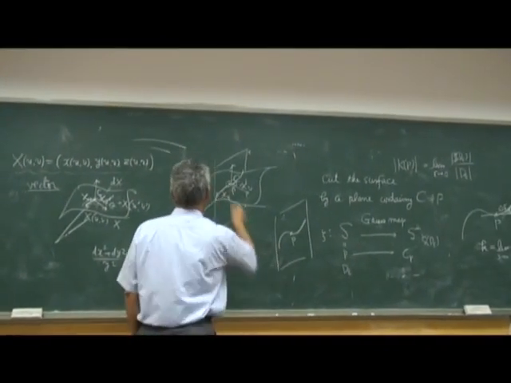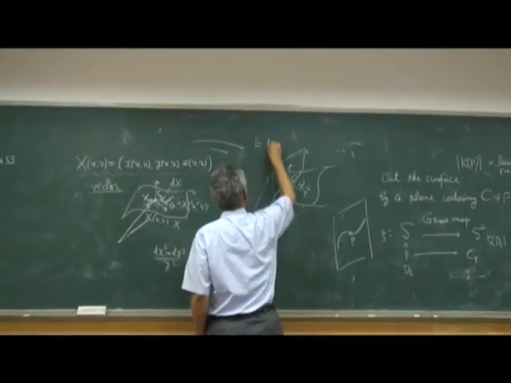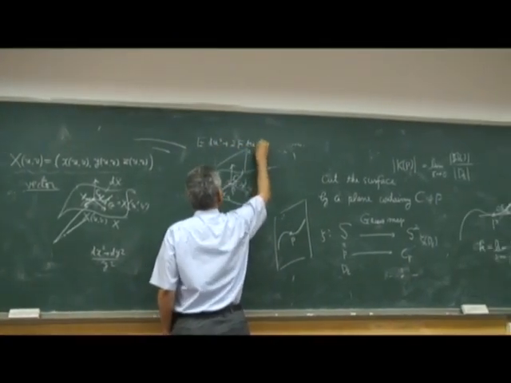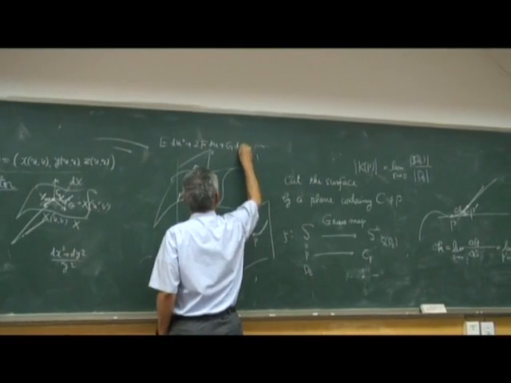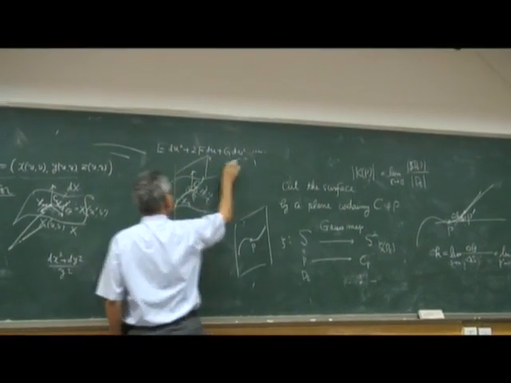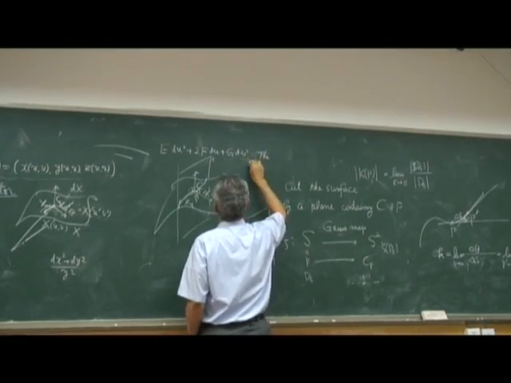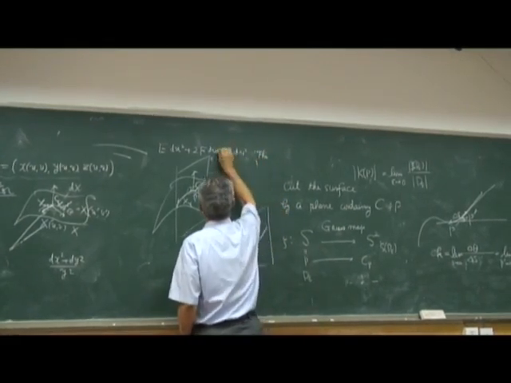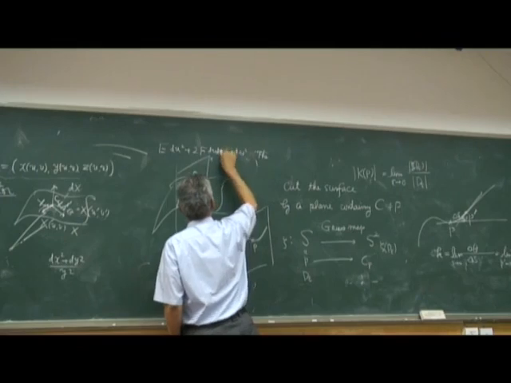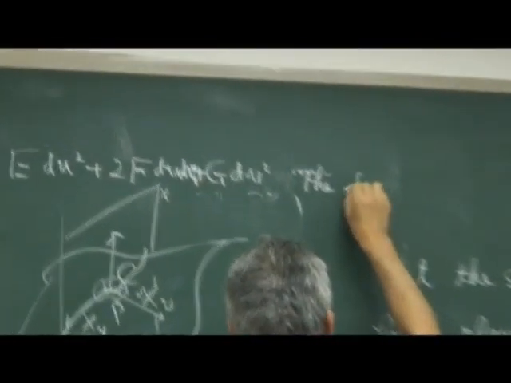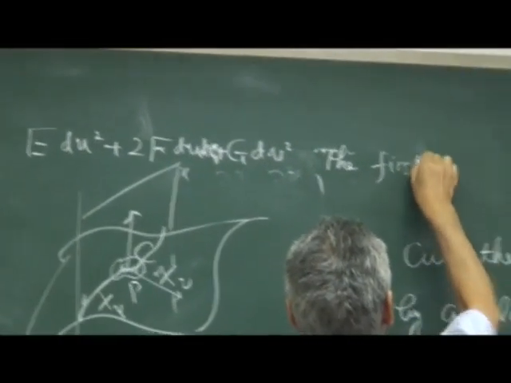Oh, by the way, I forgot that I said metric, but in the terminology of Gauss, this is the metric, but Gauss says that this is du dv, sorry, 2 times, yes. And this is the first fundamental form.